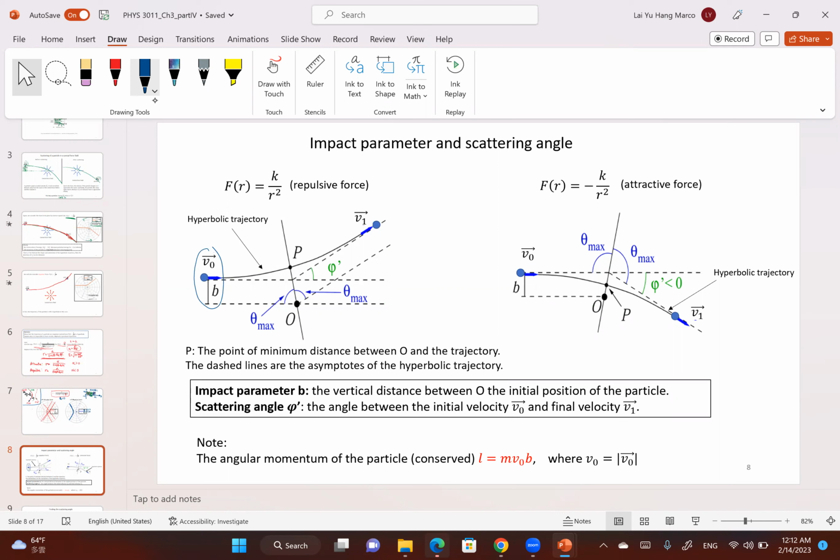And I have this dashed line over here, and this dashed line over here. These two dashed lines are the two asymptotic lines for the hyperbola. As you go to infinity, this hyperbola looks like a straight line, and this dashed line is that asymptotic line. Similarly, this is the asymptotic line for the other side.